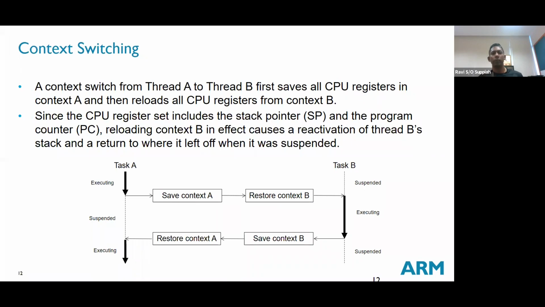This is happening very, very fast in the background for us. When we write the code, we do not worry about this because it is handled by the OS. We just focus on what each task should do. We should be aware that even though we write the code expecting task A to run fully and task B to run fully, and think that each owns the CPU, it is actually sharing the CPU, correct?